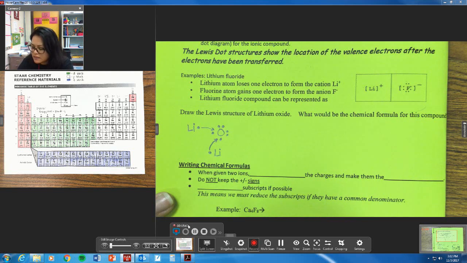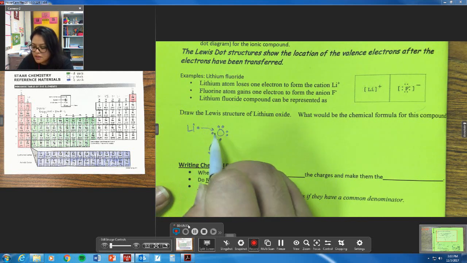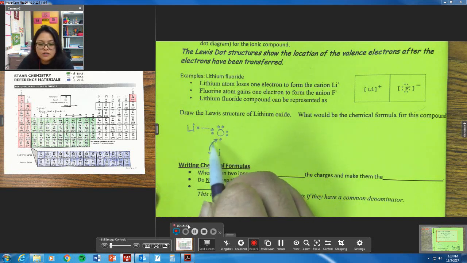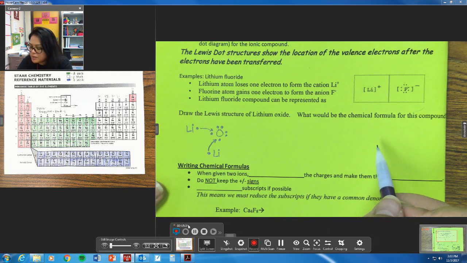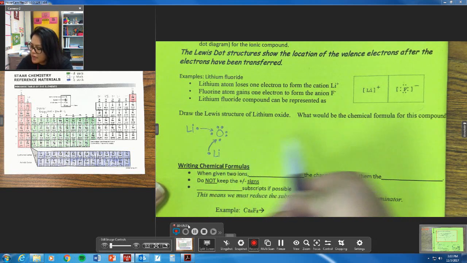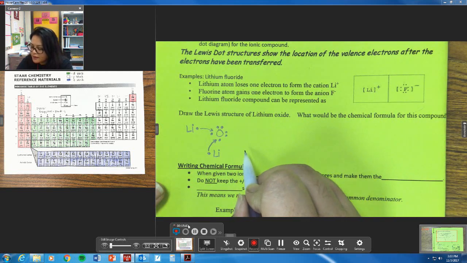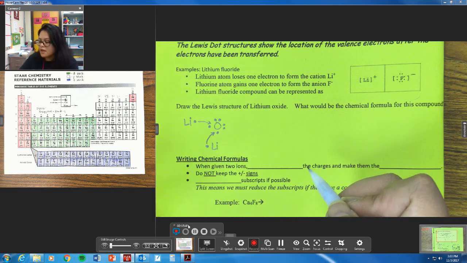Now lithium is going to have no more electrons because they both donated those electrons to oxygen. Oxygen now has 8 valence electrons, and it has completed the octet rule. We now have to write our formula like this. There are 2 different ways that you can do this.